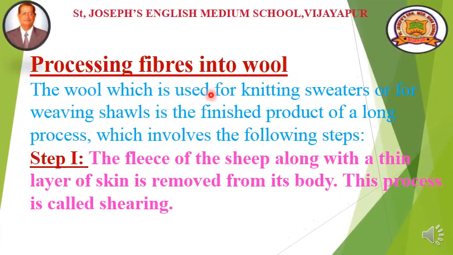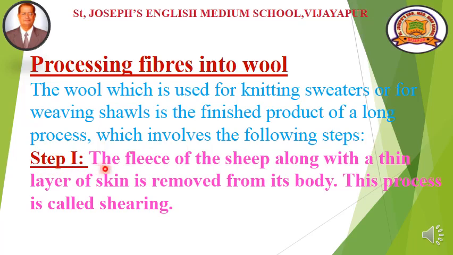The fleece is removed. Processing of fibers into wool. The wool which is used for knitting sweaters or for weaving shawls is the finished product of a long process which involves the following steps.